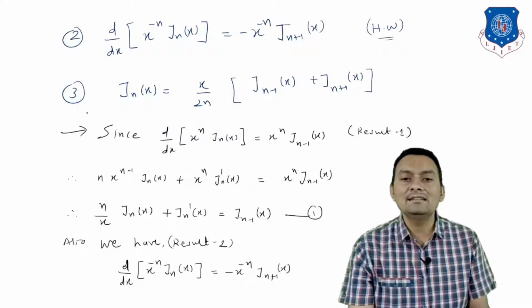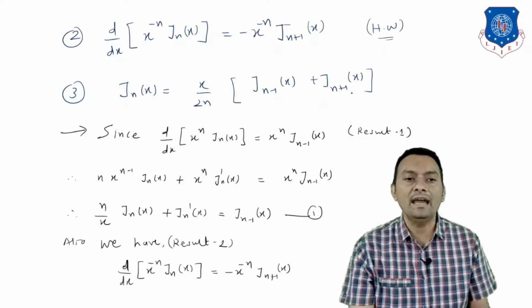Now let us see result number 3: Jn(x) is equal to x divided by 2n times [J(n-1)(x) plus J(n+1)(x)]. What do we mean by this? Bessel's function of order n-1, and this means Bessel's function of order n+1. But we have result number 1: d/dx of x^n Jn(x) is the same as x^n times J(n-1)(x).